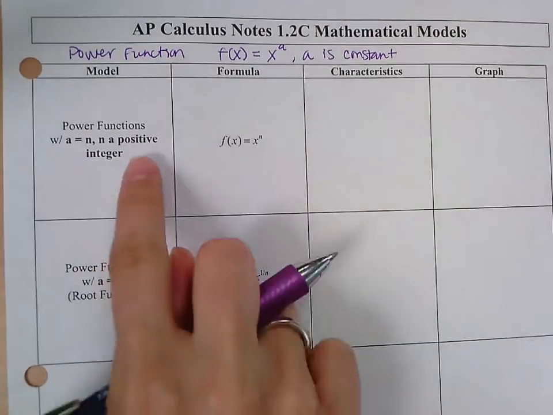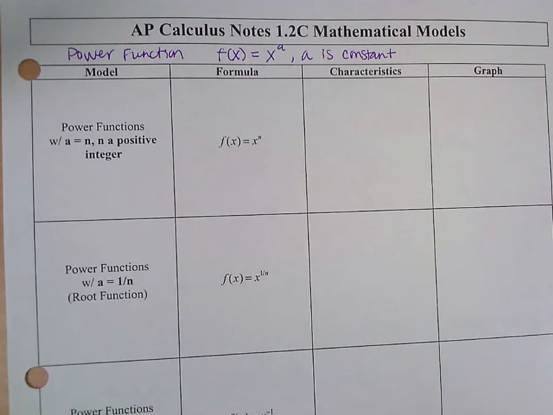Okay, so the three power functions that are listed in those first three rows are power functions with a specific type of a value. So in general, if a function has the form x to a power, it's a power function. And notice it is just one term. So if it has more than one term, then depending on the exponents, it may be considered a polynomial.